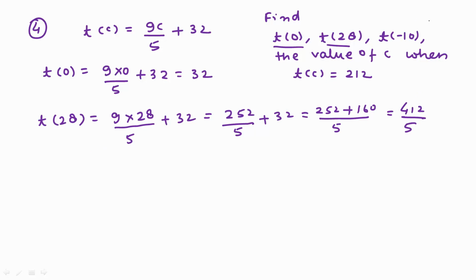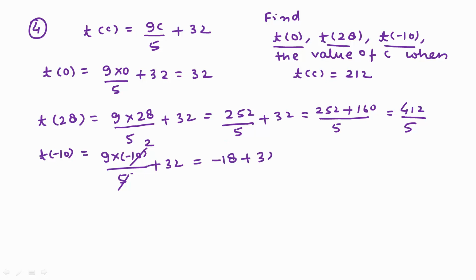And number third, T(-10). So 9 into -10 upon 5 plus 32. 5 twos are 10, and 9 into -2 is -18, plus 32 is equal to 14.